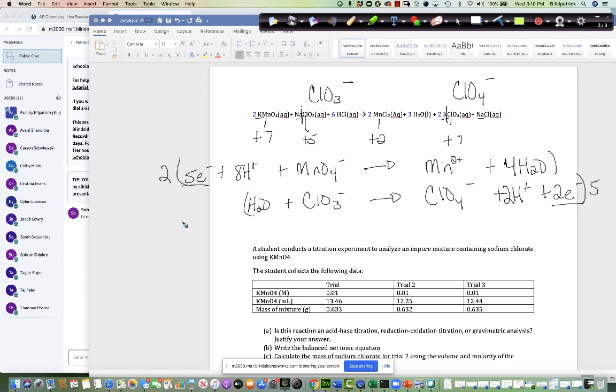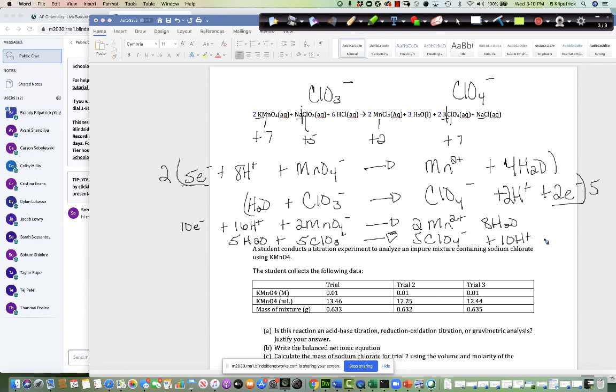So the first reaction is 10 electrons plus 16 of these, 2 of these. Do the same thing for the bottom. So now you've got 5 waters, 5 of these, 5 of these, 10 H pluses, and 10 electrons.